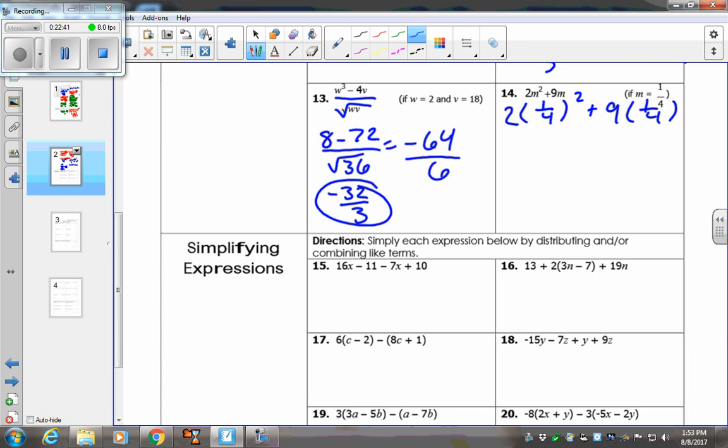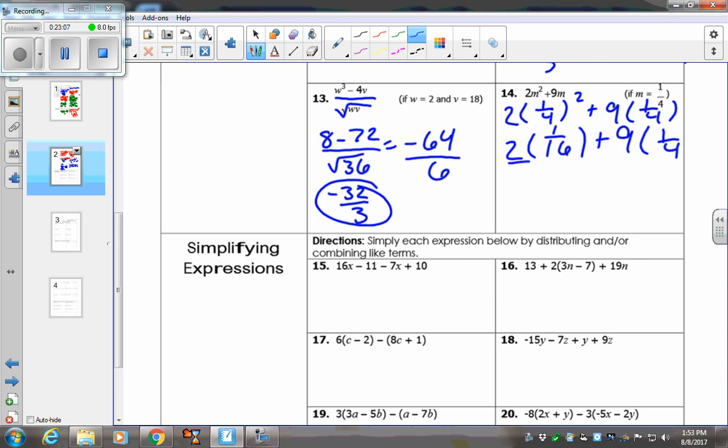So what is 1 squared? What is 1 times 1? What is 4 squared? Plus 9 times 1/4. Now, using what we did earlier, I multiply the top and multiply the bottom.